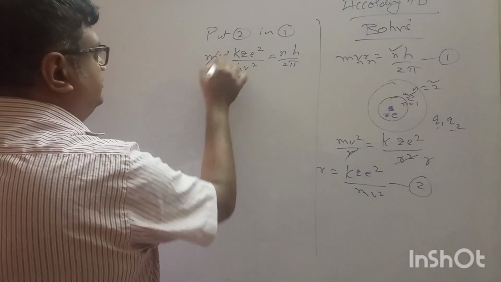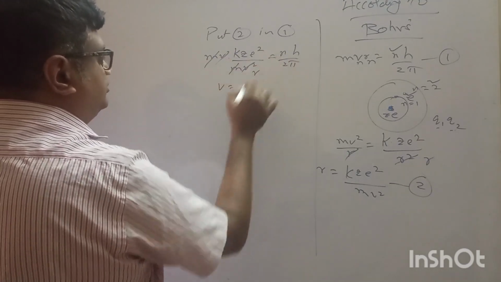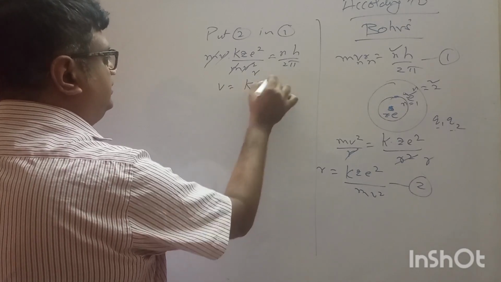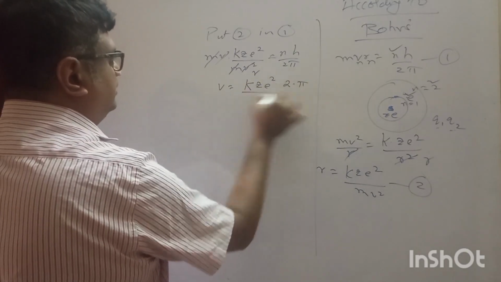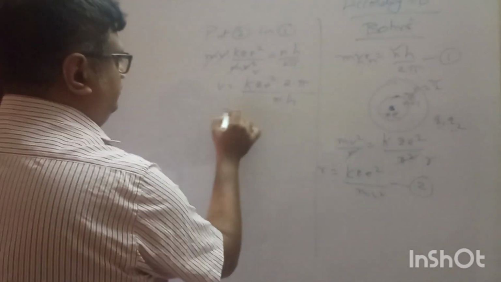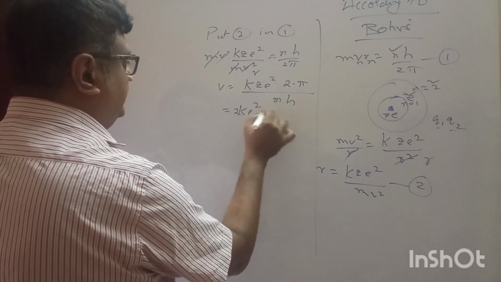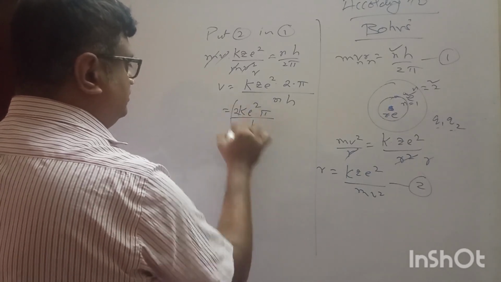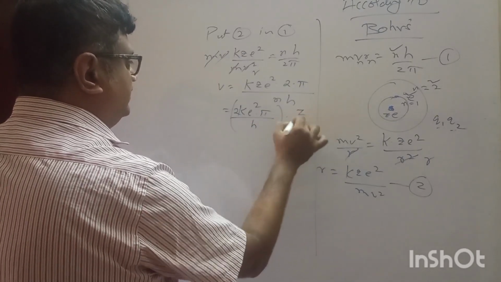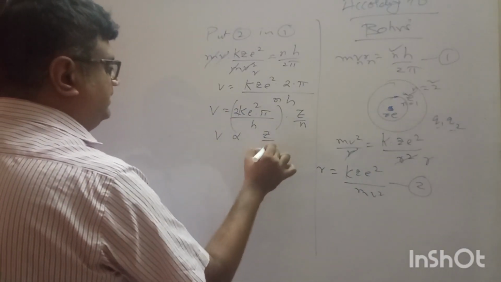So m cancels, one v cancels. So v will be equal to, cross multiplying, kZe square 2 pi divided by nh. We can take out all these constants, k e square 2 pi by h, multiplied by Z by n. So we can say v is proportional to Z by n.